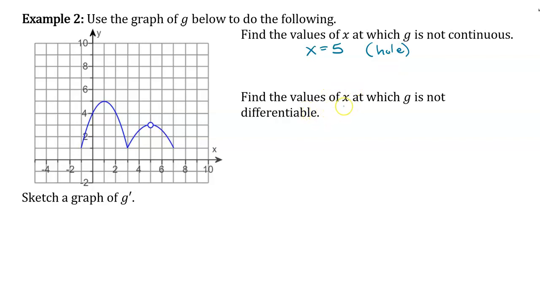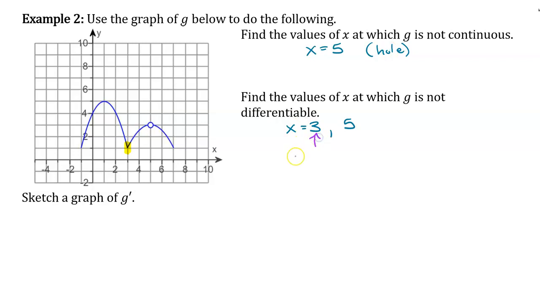But for it not being differentiable, we also have this point here where we have this rapid shift, this pointy part. So that is an implied vertical asymptote at x equals 3, and then at x equals 5, we have a hole.